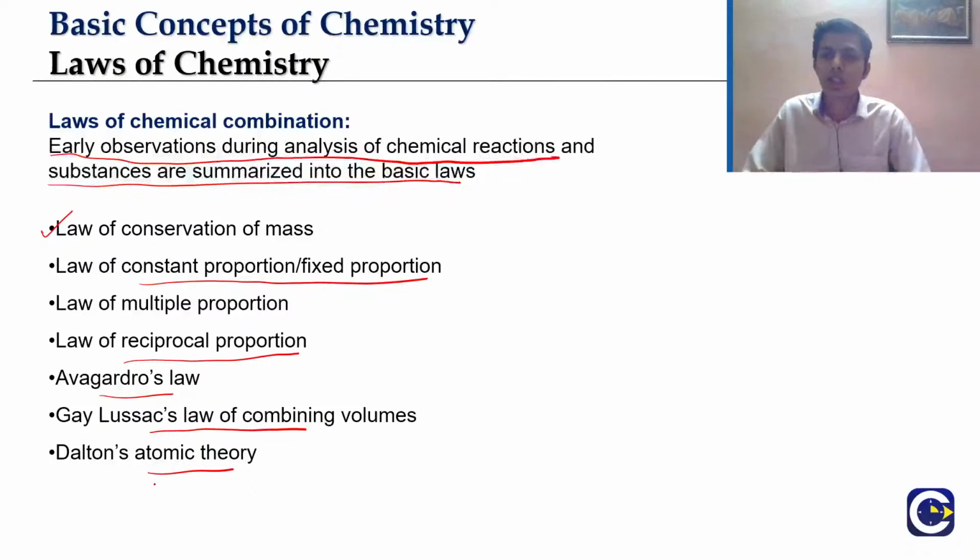Dalton's atomic theory is one theory which you have already learnt in atomic structure. Dalton was the first one to come up with the atomic model. He said that an atom consists of smallest indivisible particles. So that's what we call an atom.